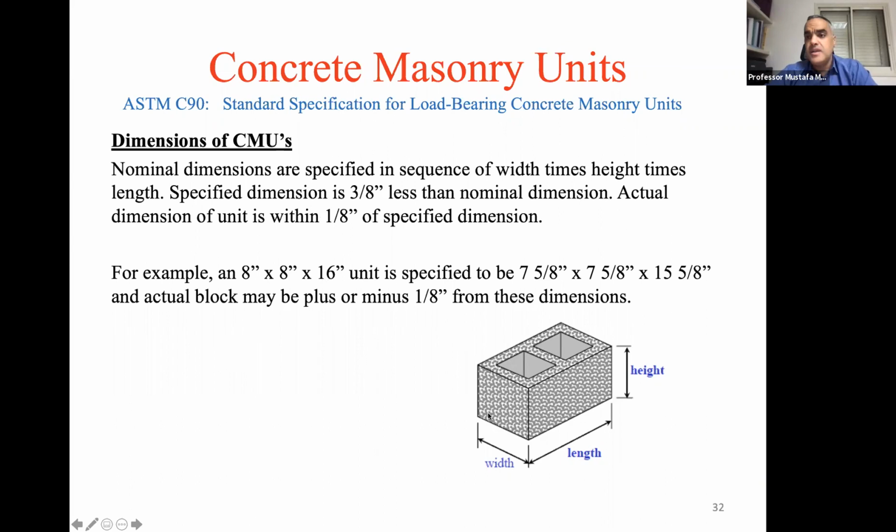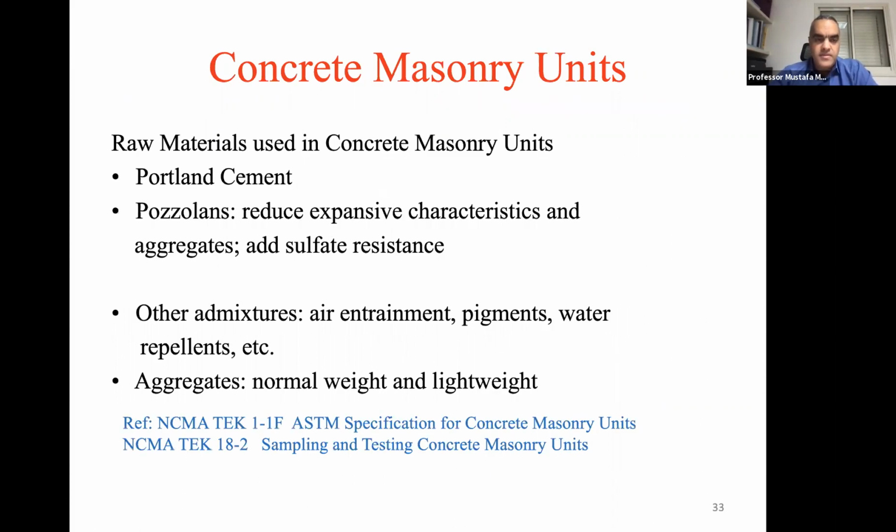Okay, so we have the width, the length, and the height. Now the actual dimensions are 7 5/8, 7 5/8, 15 5/8. So they are 3/8 less than the nominal. That's easy to calculate. Okay, so in design, that's what we need to use. So we have to use the actual dimensions, and of course, we have a tolerance of 1/8 of an inch for the differences from these exact dimensions.